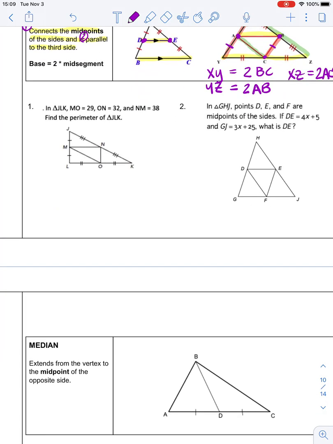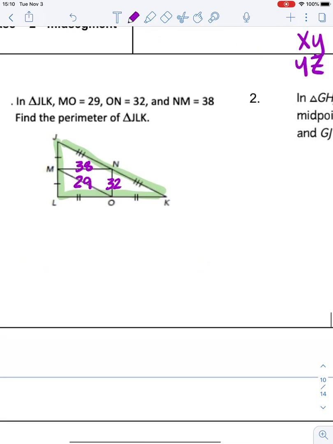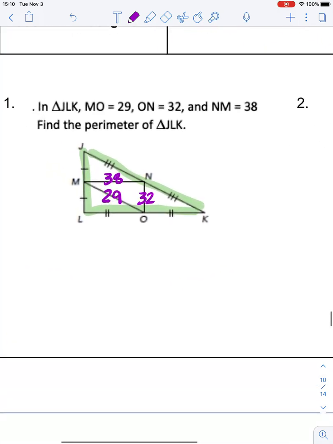So let's look at these questions. In triangle JLK, so in this big triangle right here, MO is 29, ON is 32, and NM is 38. The question is to find the perimeter of JLK.